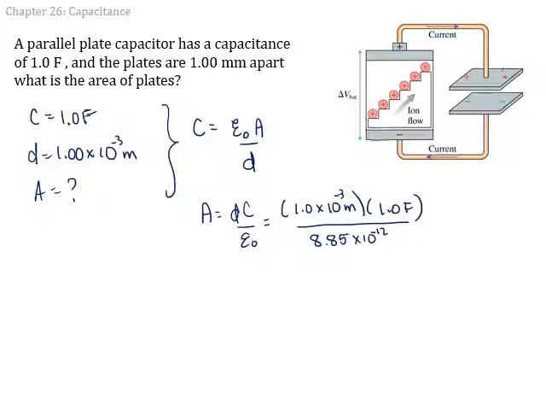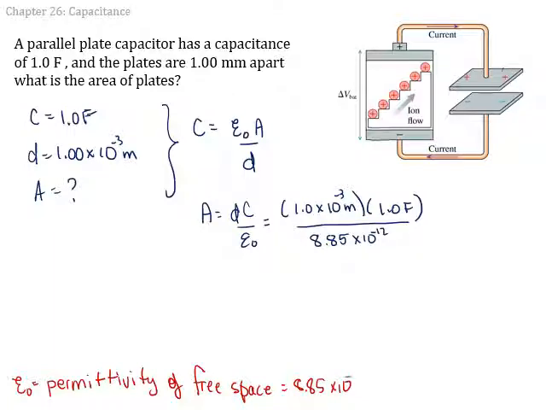Now, for units, let's go on a small sidetrack about units here. Epsilon naught is the permittivity of free space. It's 8.85 times 10 to the minus 12 coulombs squared over newtons times meters squared.